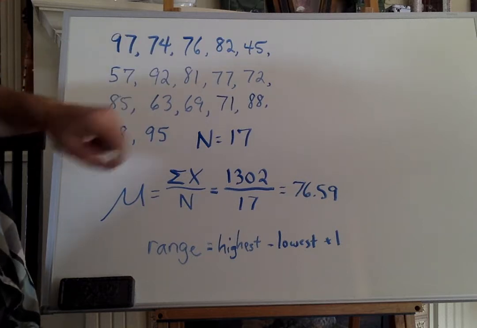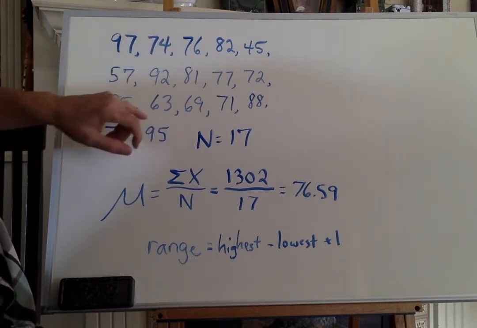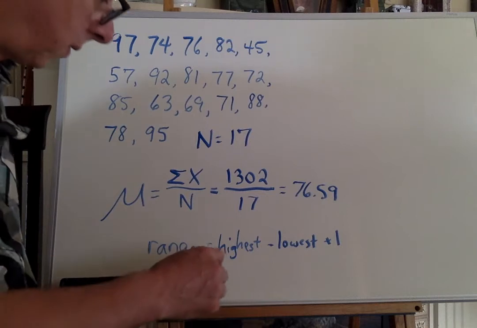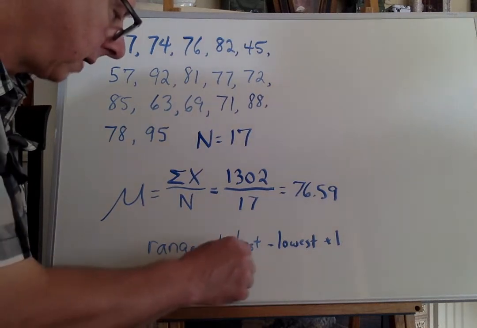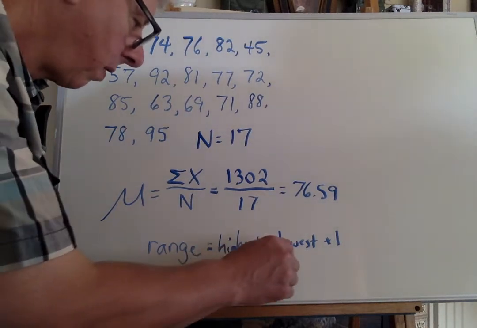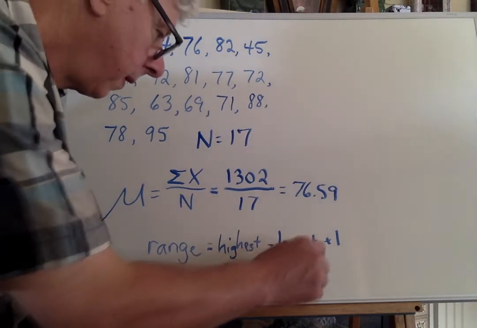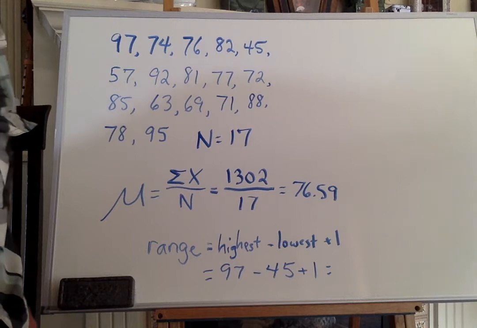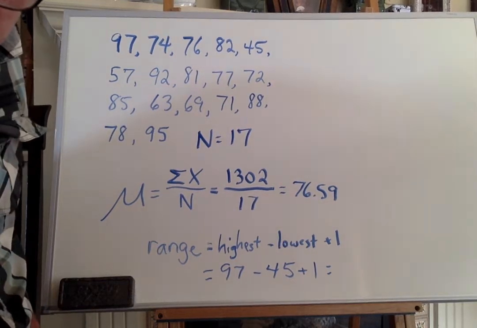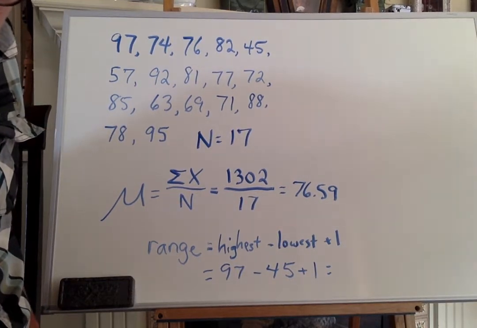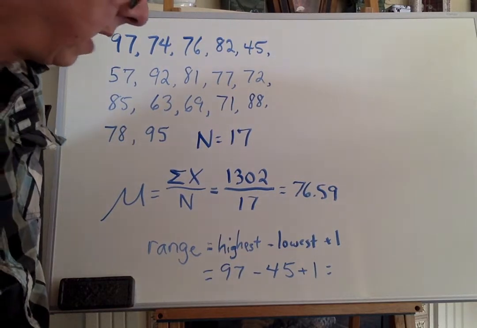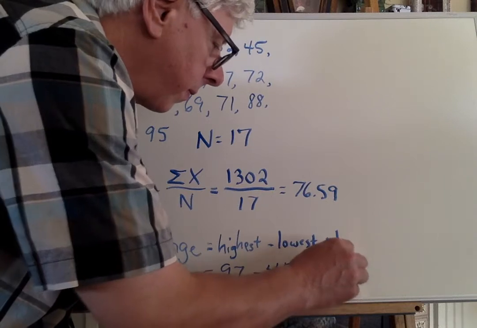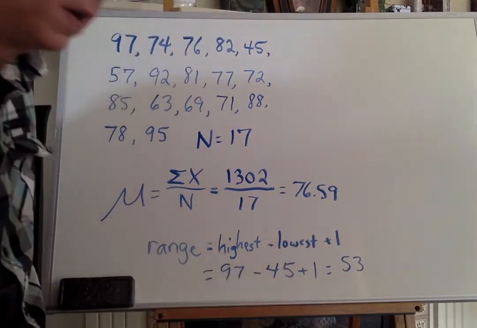Okay, and the lowest score is 45. So this is 97 minus 45 plus 1. So let me just check. I want to make sure I don't make a mistake. So we have a range of 53.